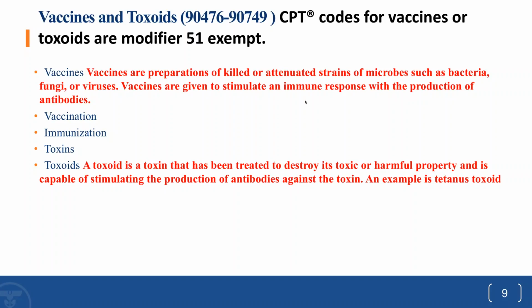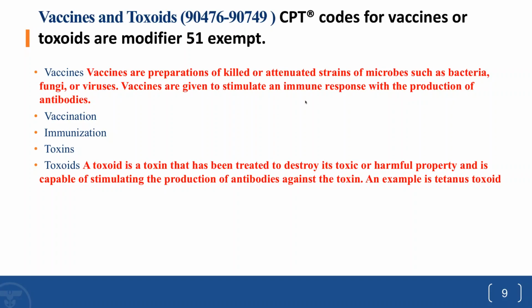And then on top it had 90476 on this slide here. Just wanted to turn back for a second. 90476 is where we're going right now. This is in reference to the vaccines and the toxoids. So these are your vaccinations.